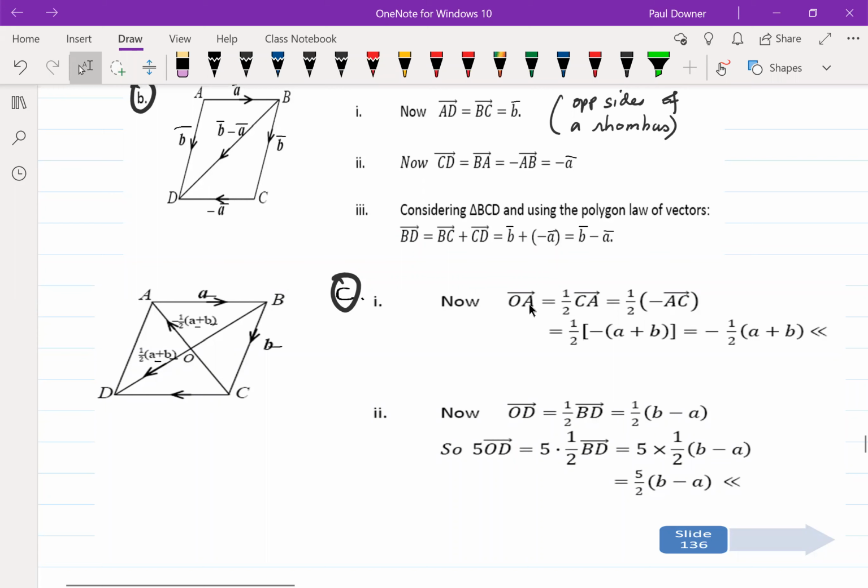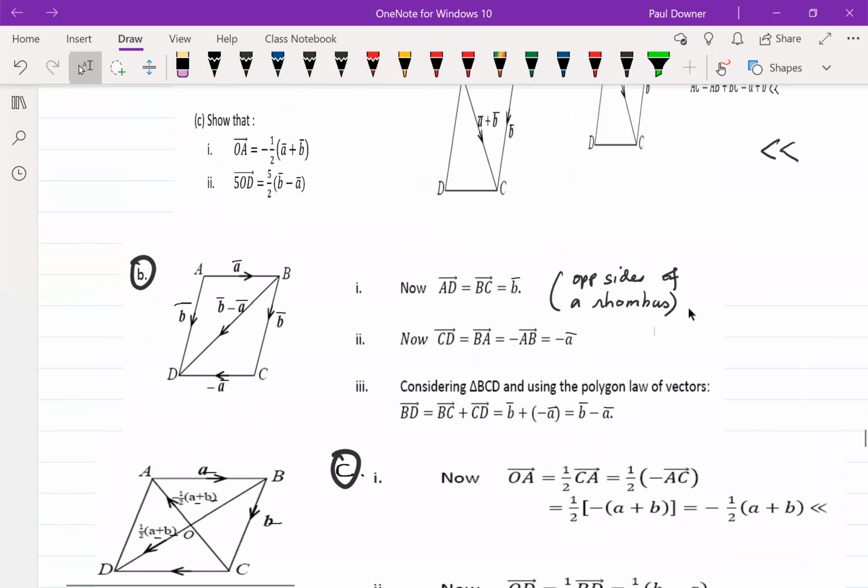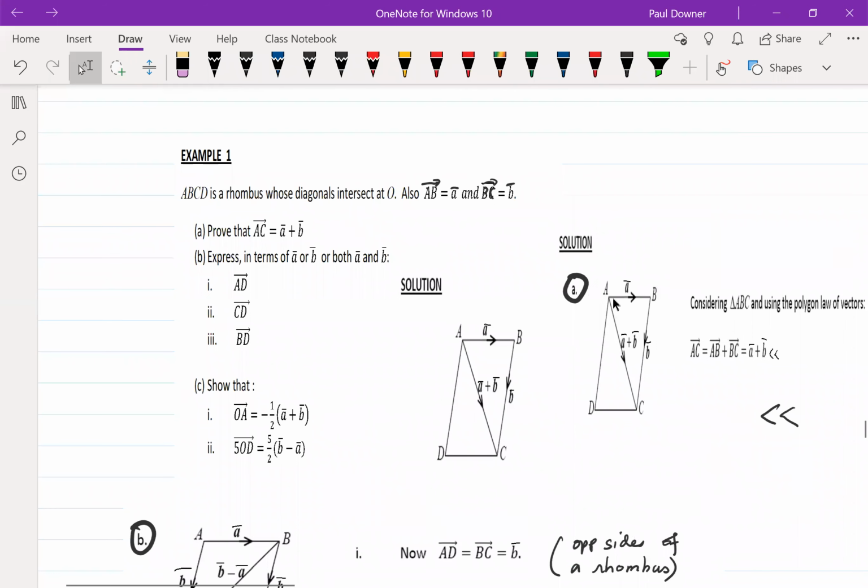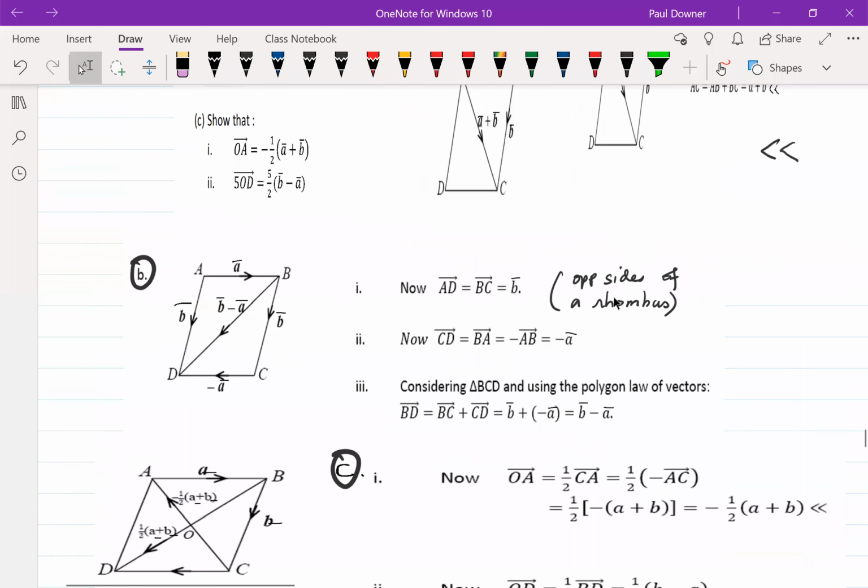OA, the vector OA, is equal to a half of the vector CA. Now, CA and AC are inverse vectors. So I'm going to write CA as the opposite of AC. Why am I doing that? Because I had calculated AC somewhere before. Did I calculate AC somewhere before? I'm supposed to have.